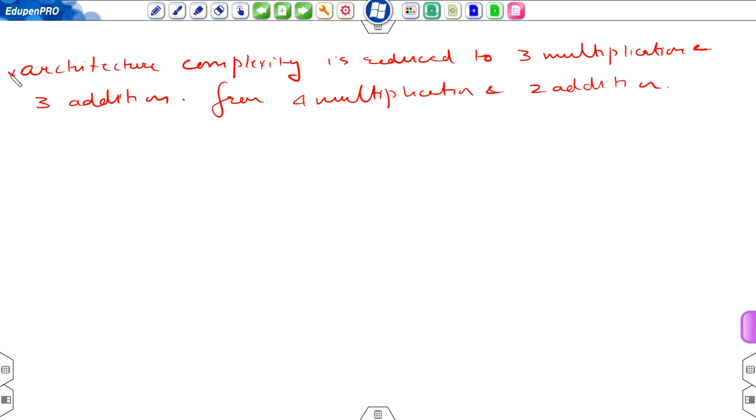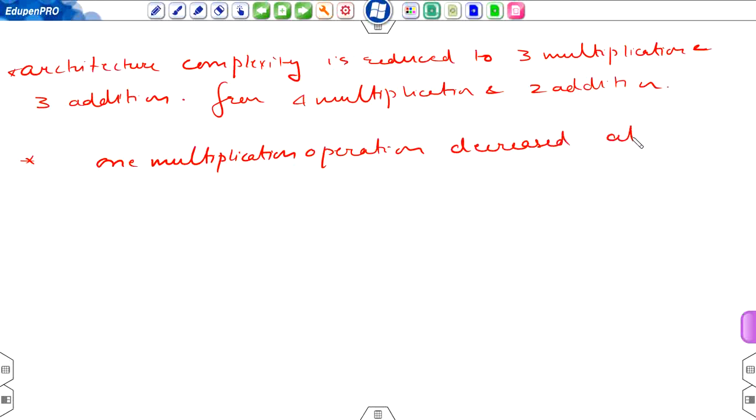Okay, so the final comment: architecture complexity is reduced to 3 multiplication and 3 addition from 4 multiplication and 2 addition, and 1 multiplication operation decreased at the cost of 1 increase in addition operation.